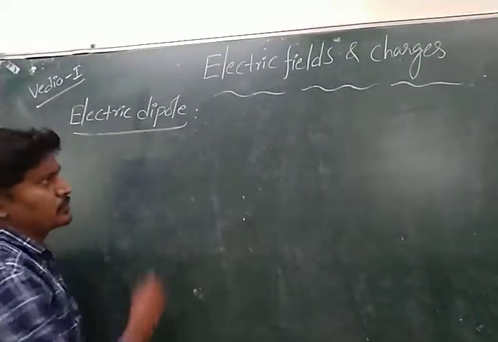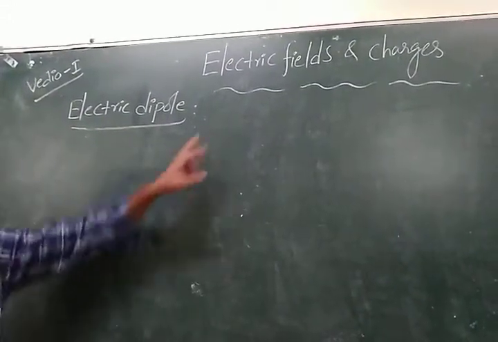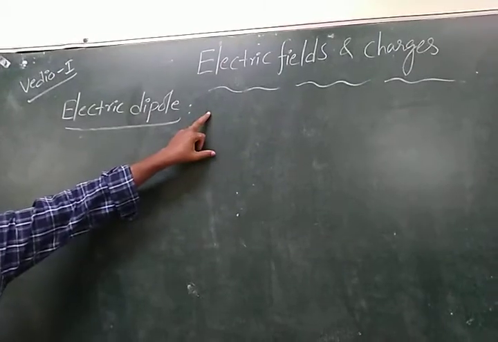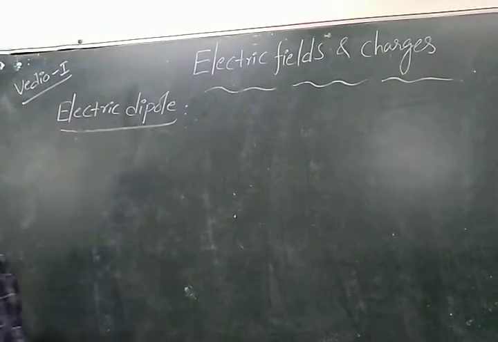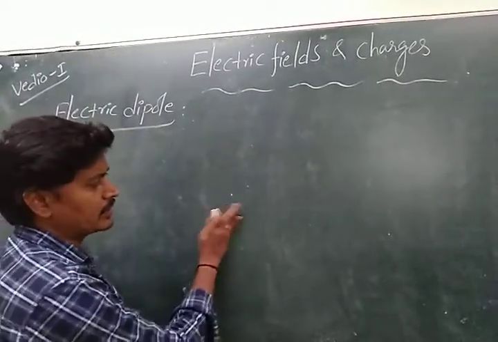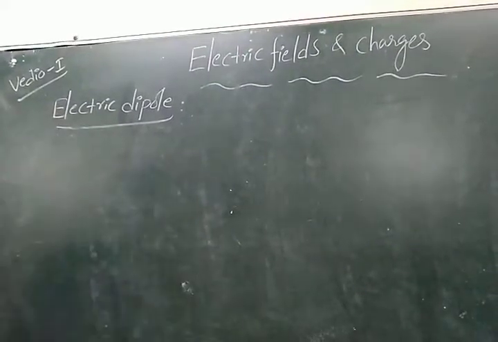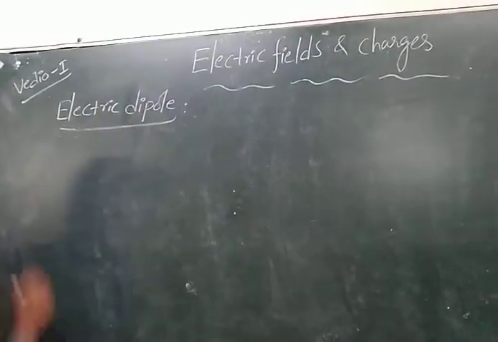Two charges equal in magnitude and opposite in sign, separated by a certain distance in space, is called an electric dipole.